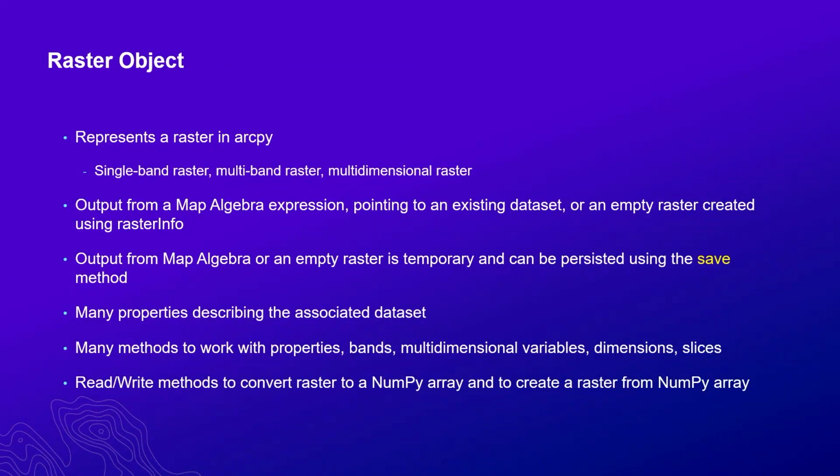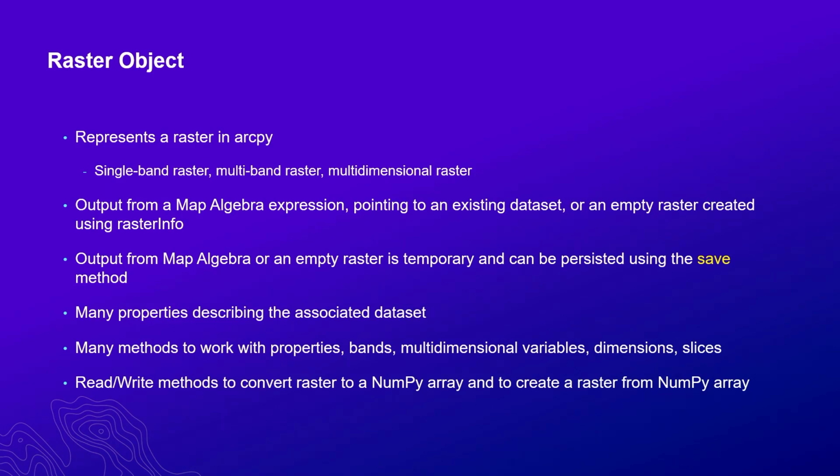Now, as I said, the centerpiece of all of these things is the raster object. Now, what is a raster object? The raster object is actually the representation of a raster in Python. What does it mean? It means it presents all the things that you can get from a raster. It could be a single band raster, a multi-band raster, or a multi-dimensional raster.